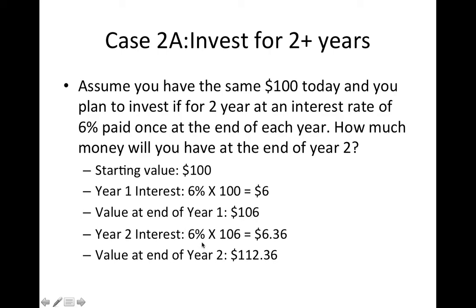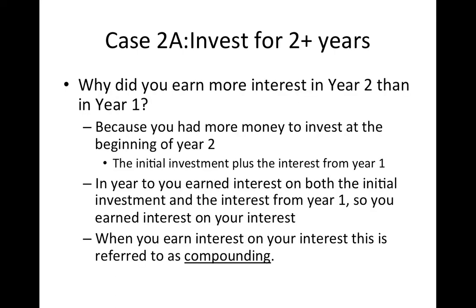In year two, we now earn 6% on the $106, not the original 100. So now we earn $6.36 for the second year. So at the end of the second year, we have the $100 plus the $6 that we earned, plus another $6.36. That's $112.36. So that's how much we have at the end of the second year.